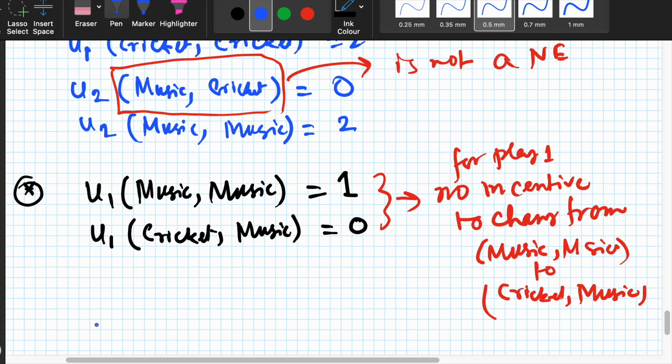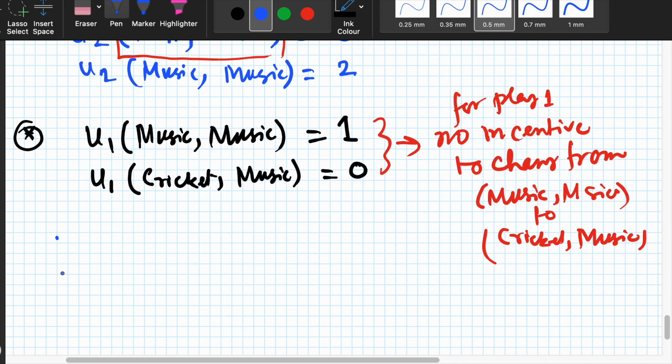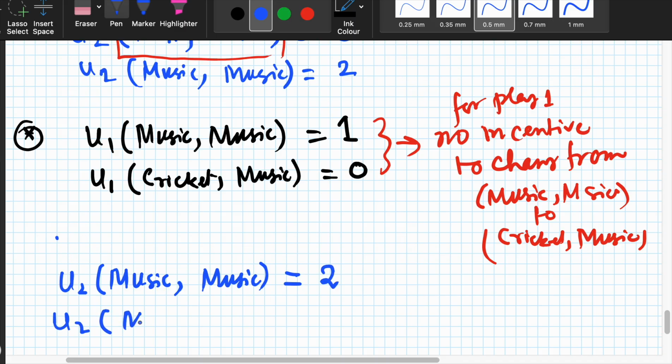Now we also have to see from player 2's perspective. Player 2 in music yields a payoff of 2. Now if she changes her action from music to cricket, she will get a payoff of 0.